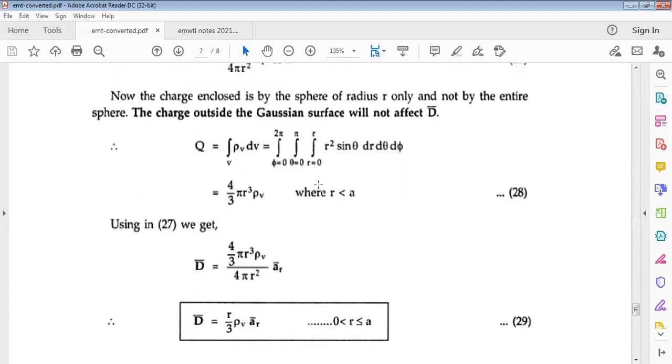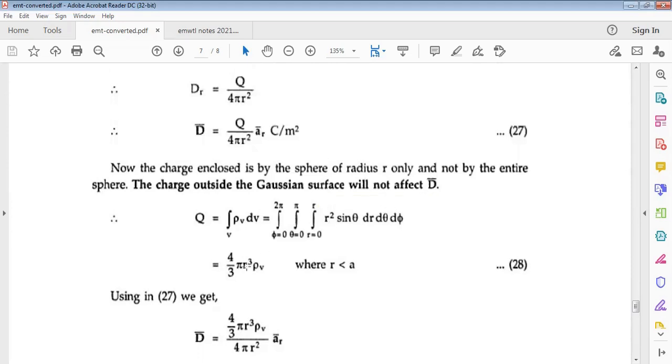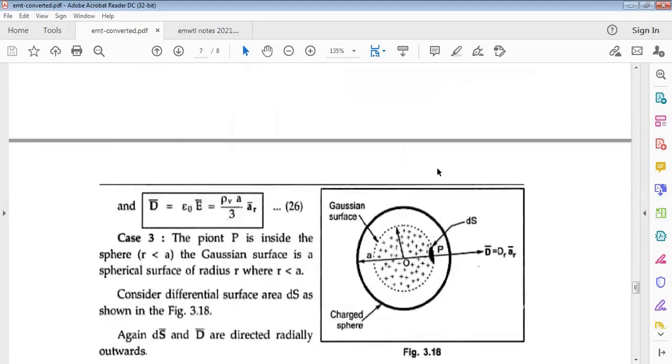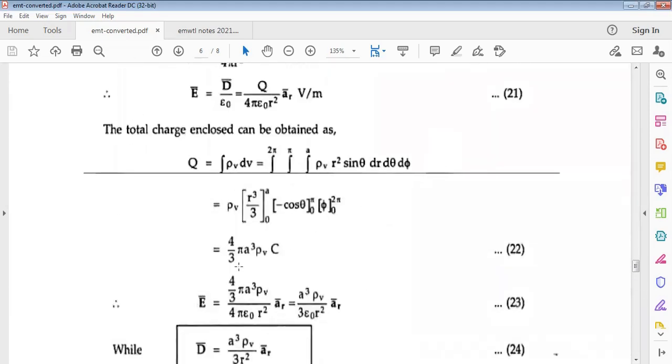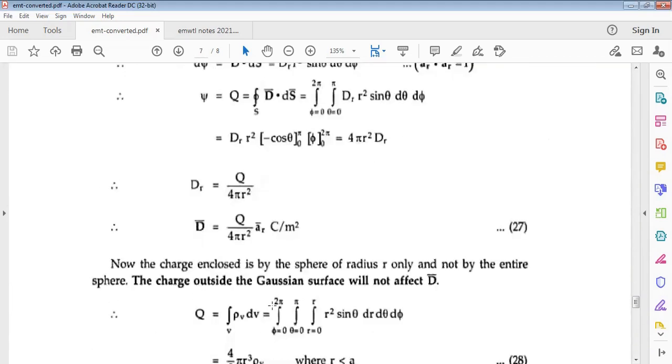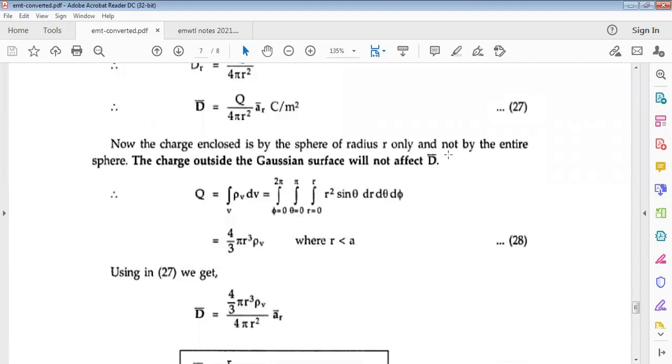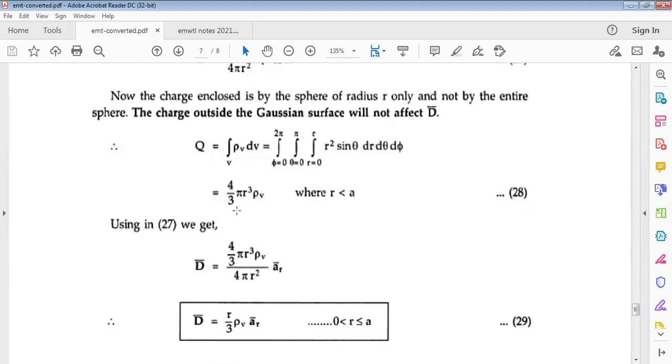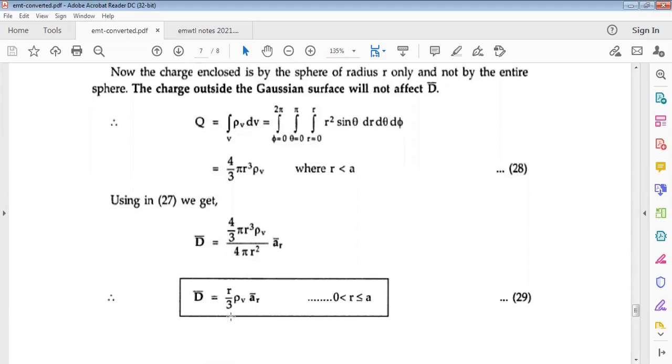In the first case, Q is equal to 4 by 3 pi a cube. Here it is 4 by 3 pi r cube, because the Gaussian surface is inside the charged sphere, so r cube and r square get cancelled, so D bar is equal to r by 3 rho v.